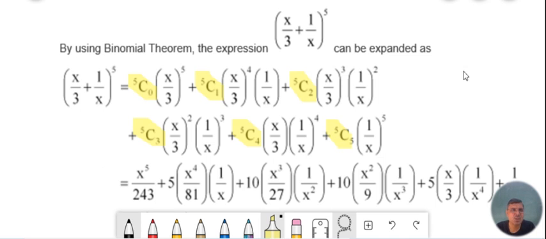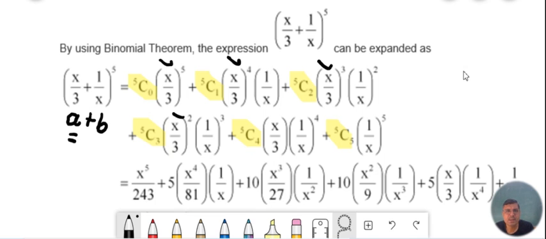Then, as I explained, x upon 3 is my first, or you can say this is your A, and this is your B. So A, (x by 3) raised to 5, then the power will decrease, 4, then 3, then 2, and finally 1, and in the end it is raised to 0, so I will not write that down because (x upon 3) raised to 0 is 1.